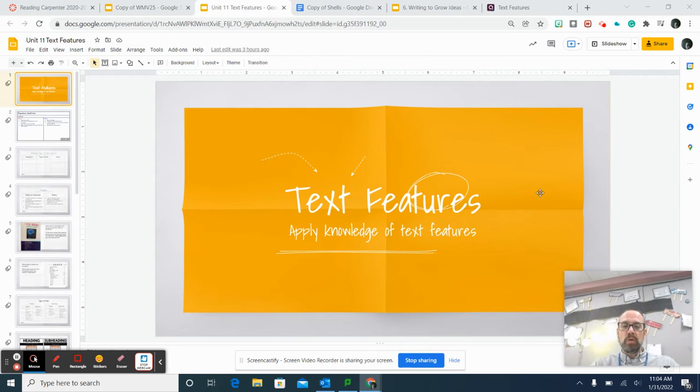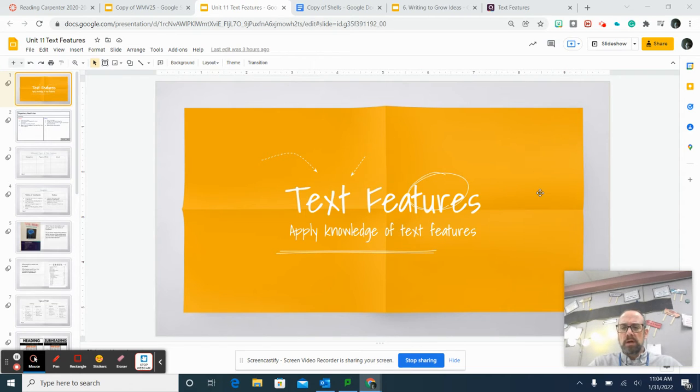So, I want to talk about the next unit of study that we're getting into. We have covered text structures, the main body of the text and how they're put together. We've looked at topic, main idea, supporting details, and then creating a summary based off that information. And now we're going to look at text features.